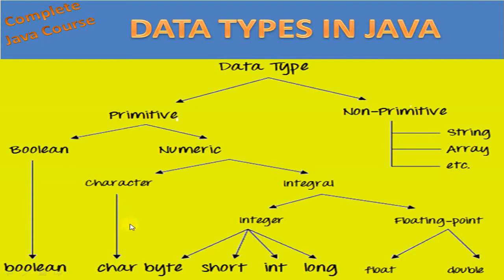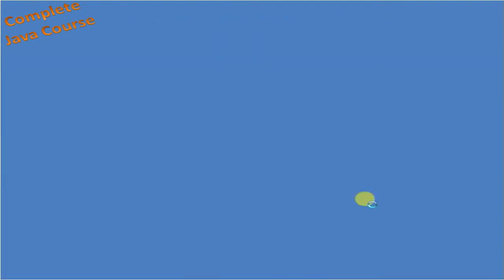In character, there is only one data type, which is char, which holds character type values. The integral part is again divided into two parts, integer and floating point. The integer part is divided into four parts: byte, short, int and long, and the floating point is divided into two parts, which are float and double.